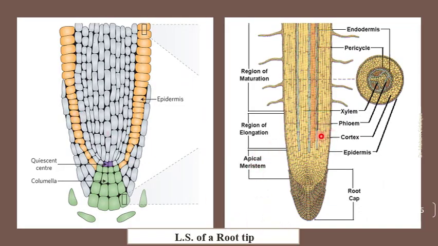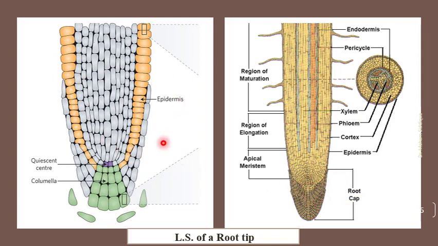This is the longitudinal section of root tip. In this diagram, our only concern is the root cap. As we discussed before, root cap protects the underlying apical meristem. Root caps help in the penetration of roots in the soil.